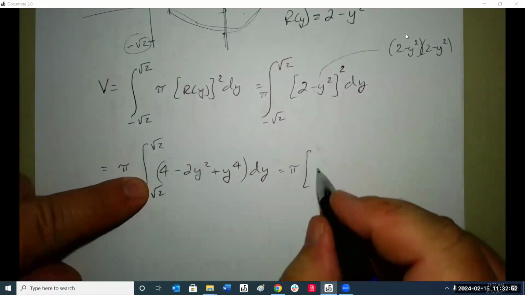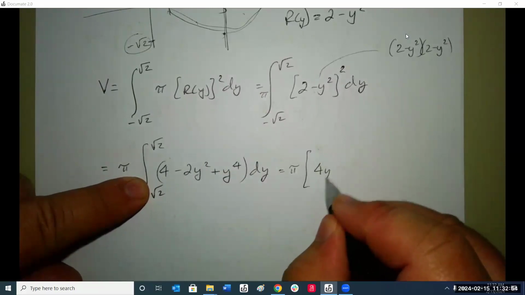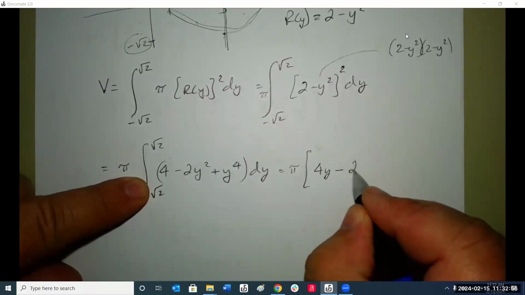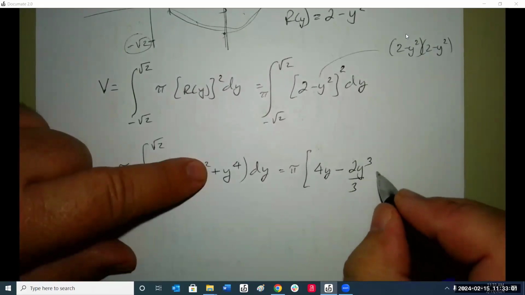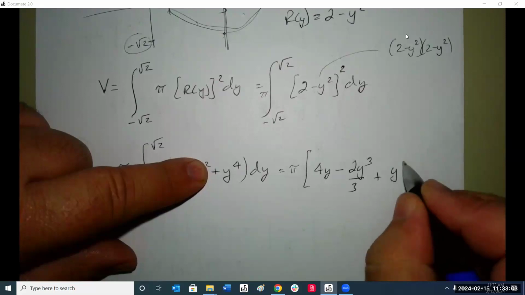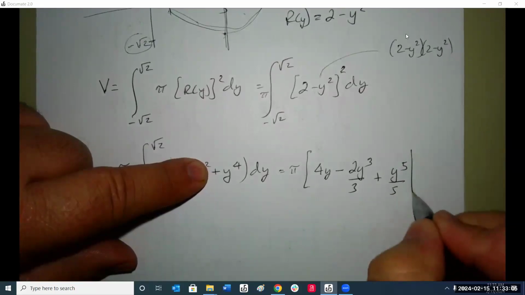Well, I can do each one of these. So I have 4y minus, add 1 to the exponent and divide by that number, plus y to the 5th over 5.